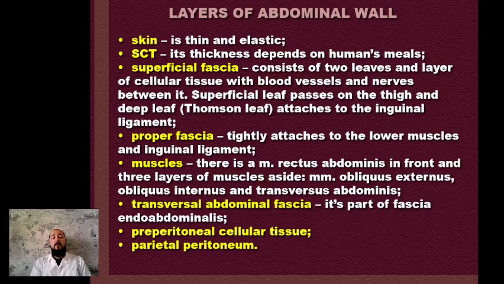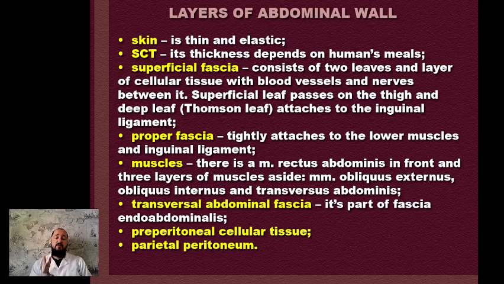Muscles. There is the musculus rectus abdominis in front and three layers of muscles aside. Marking from the external to the internal layer, it will be musculus obliquus externus, musculus obliquus internus, and musculus transversus abdominis.